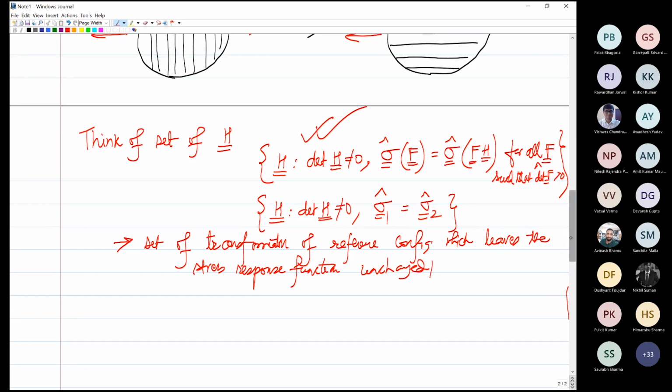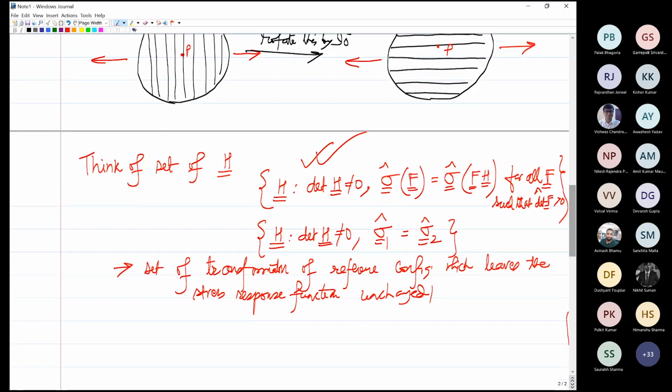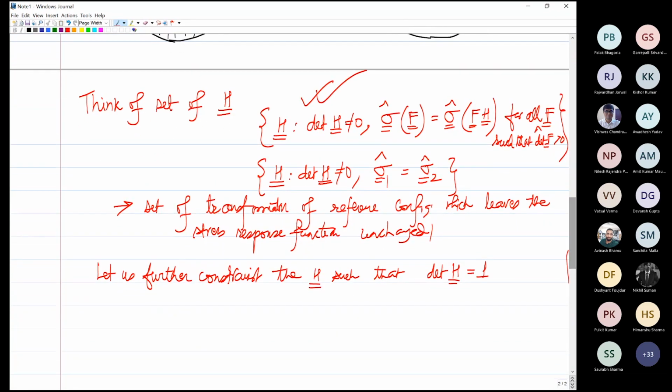Now I'll add one more constraint here. Let us further constrain the H such that det H is equal to 1. What this is actually doing is that, you remember the relationship for the density?